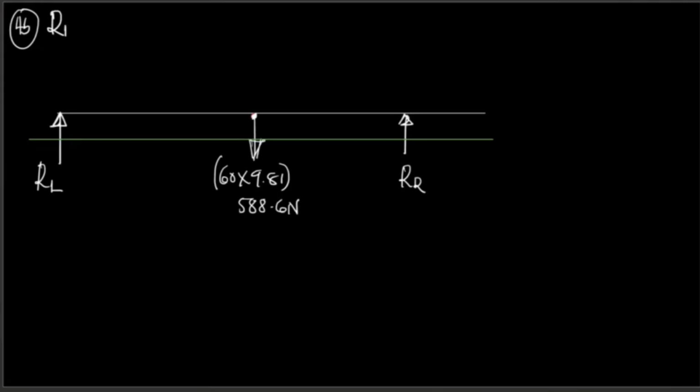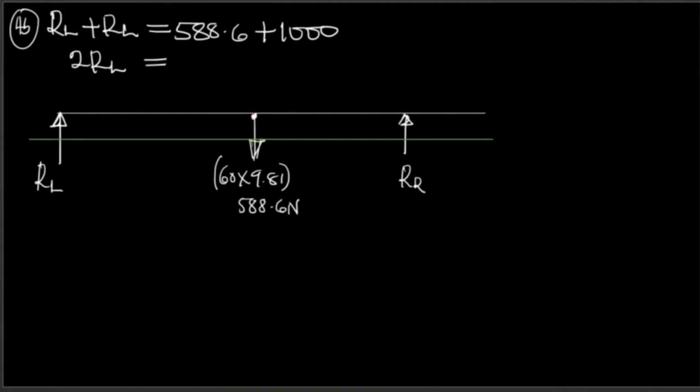I'm going to use RL with RL. Upward forces equal the downward forces. The downward forces are the weight, which is 588.6, plus in this case the load of 1000. This gives us 1588.6.